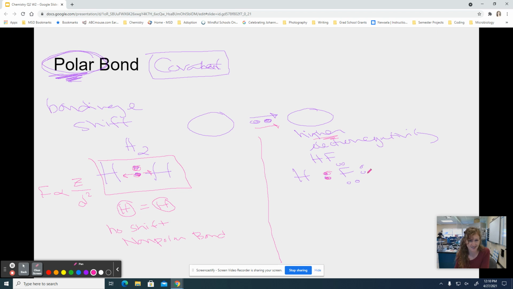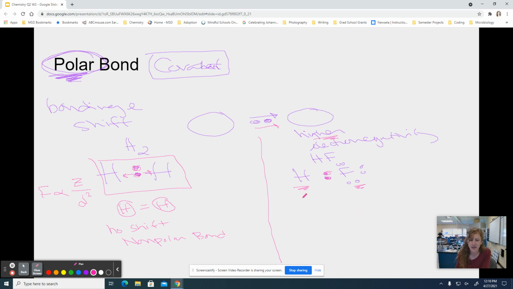In contrast, let's look at HF. We're looking at the electronegativity of hydrogen versus the electronegativity of fluorine. This would be a good time to go back and look at the electronegativity periodic trends. What causes it? What is the trend left to right, top to bottom?